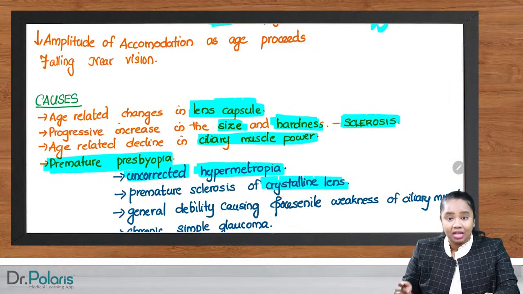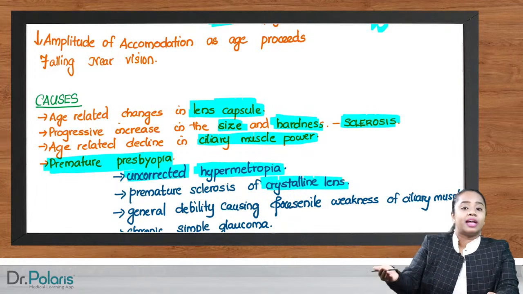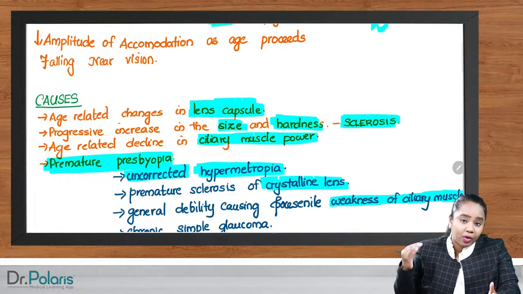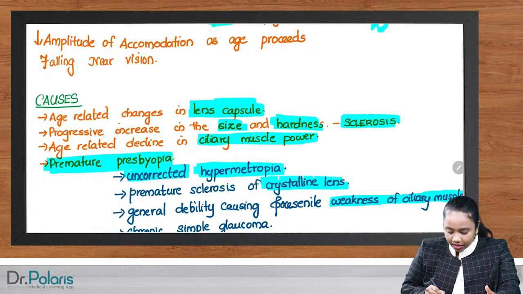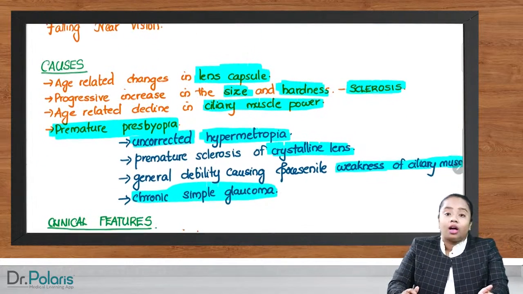So even before old age has reached, there is weakness of the ciliary muscle. That is, any other general illness existing in the patient causes weakness in the ciliary muscle. Then chronic simple glaucoma. These are the conditions where you can see presbyopia.